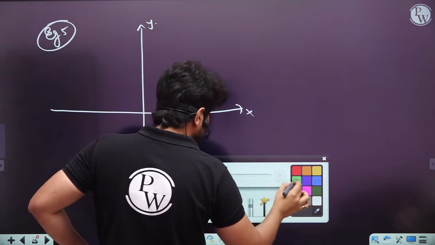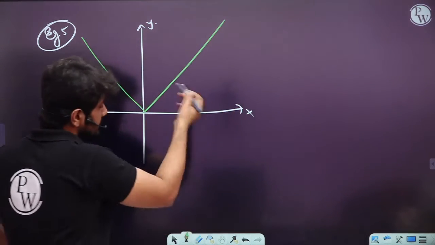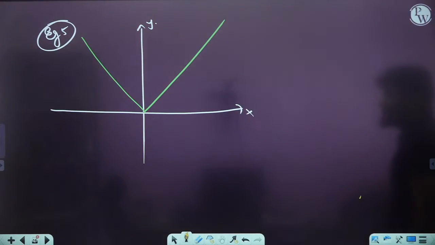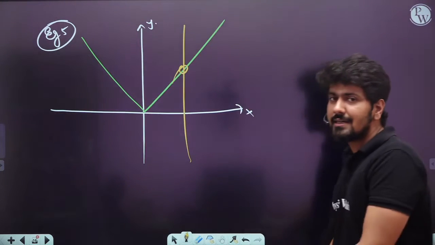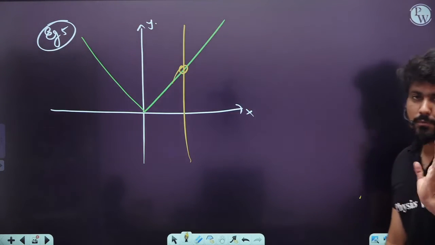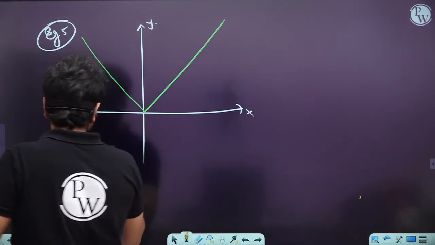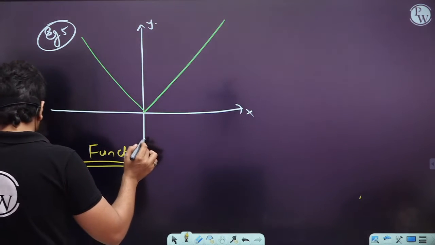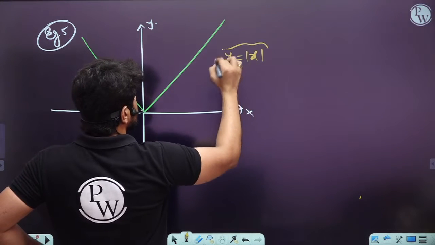If you don't know, you will know it in a while. Is this a graph of a function or not? Yes, this is also a graph of a function because it is also passing the vertical line test. If you draw a vertical line, it is only cutting it at one point. So yes, this is a function. And we call this function the modulus function. This is the graph of y is equal to modulus of x.